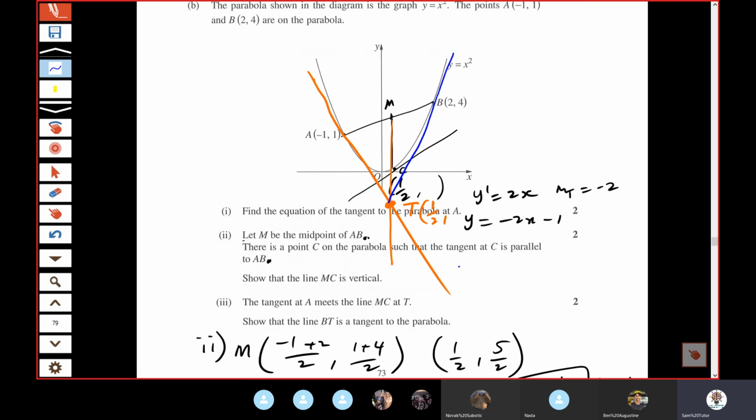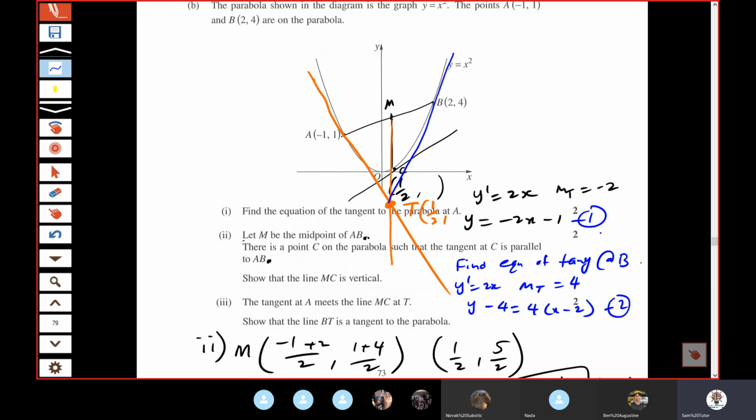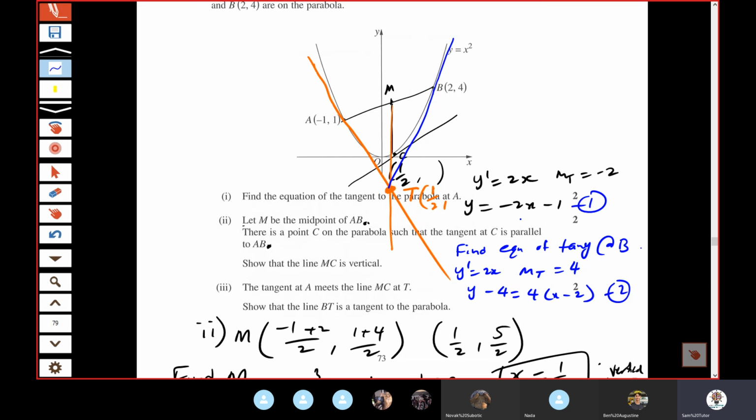So let's go again. Find the equation of the tangent at B. So y dash equals 2x. The gradient of the tangent at B is 4. y minus y1 equals m(x minus x1). We're happy with that? Solve this one simultaneously with this one that you did in part I. If I substitute this y into here, sub 1 into 2, it'll look like this.